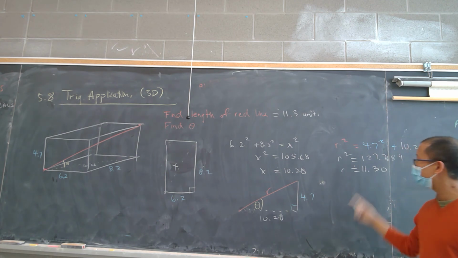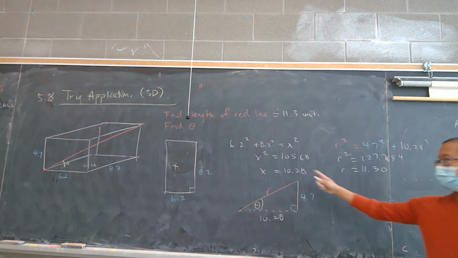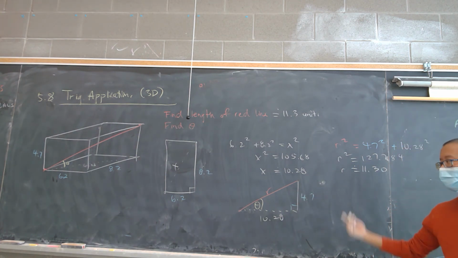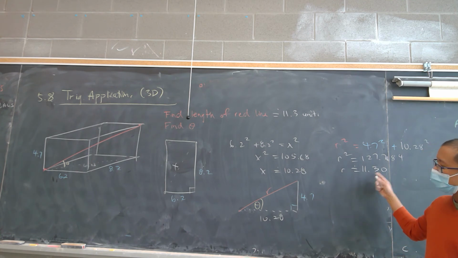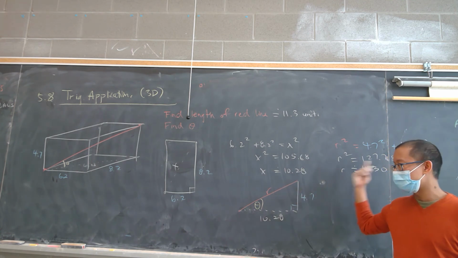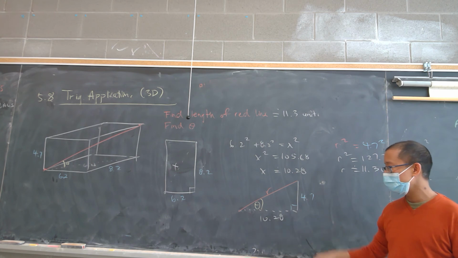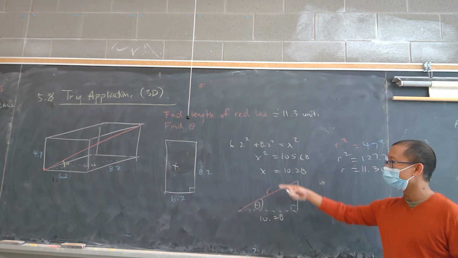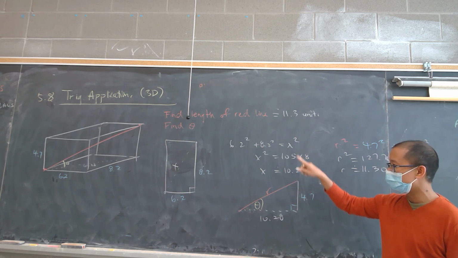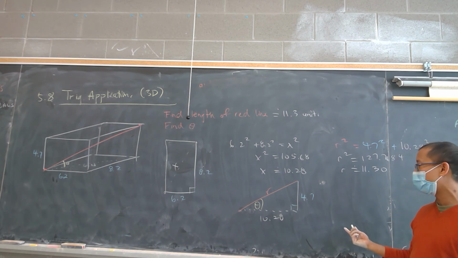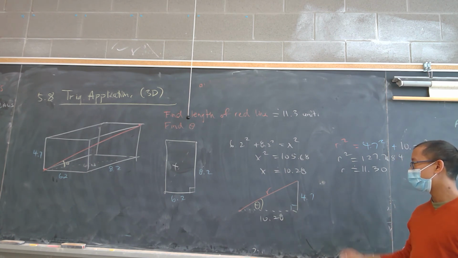How can I find that angle? Now that we have this 11.30, notice we have a right angle triangle. We can use anything you want. I tend not to use the r because that was a calculator answer, so we'll use the other values. I think everyone agrees the angle in yellow, which is the angle the red line forms with that dashed line on the bottom, we'll probably use tangent.